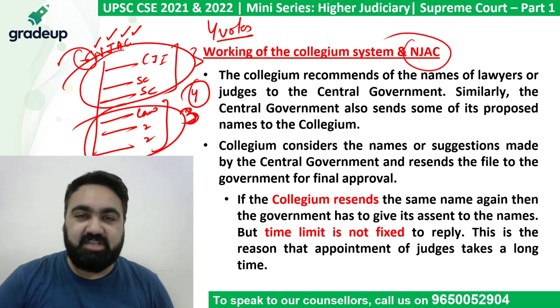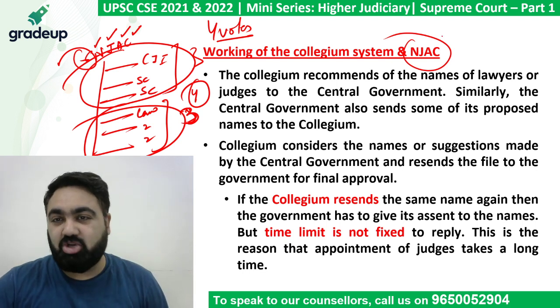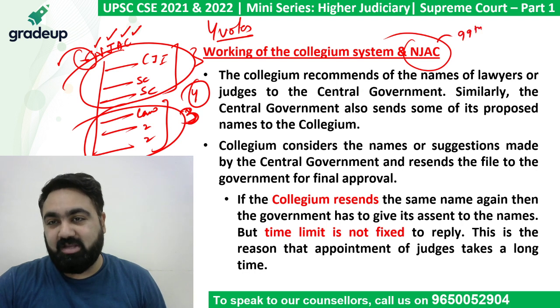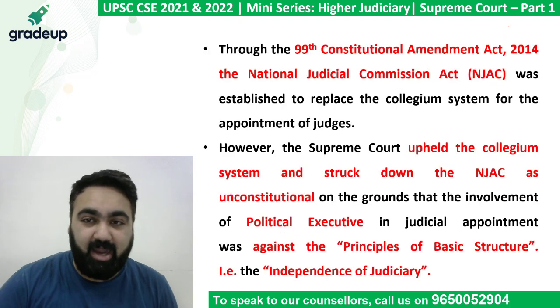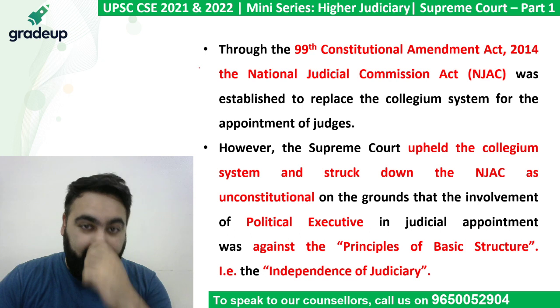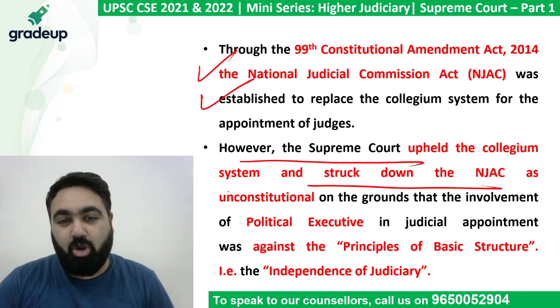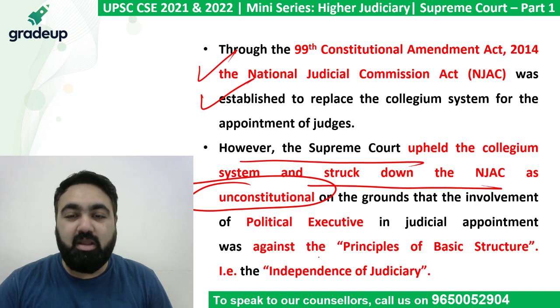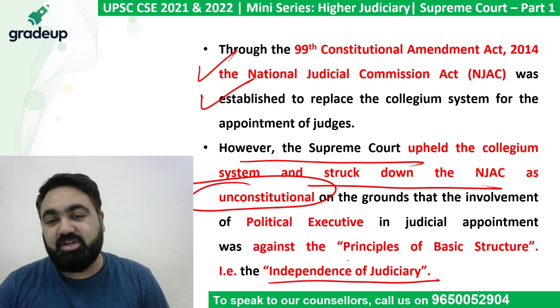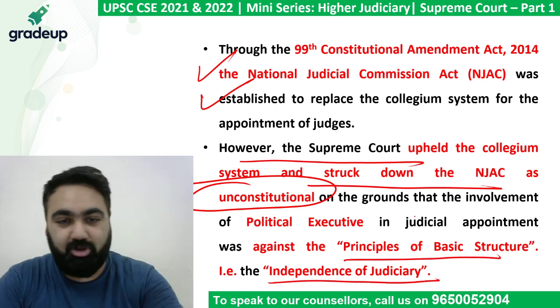As soon as the NJAC was passed, and by the way, NJAC was a constitutional amendment, the 99th Constitutional Amendment Act in 2014, the Supreme Court struck down the NJAC, calling it unconstitutional, against the independence of judiciary, against the basic structure and whatnot.